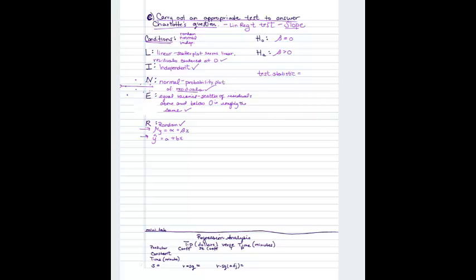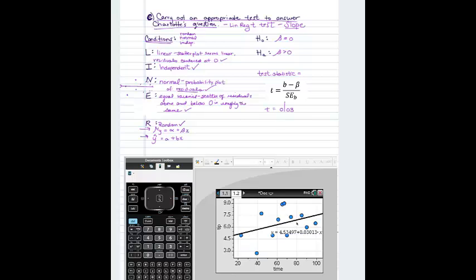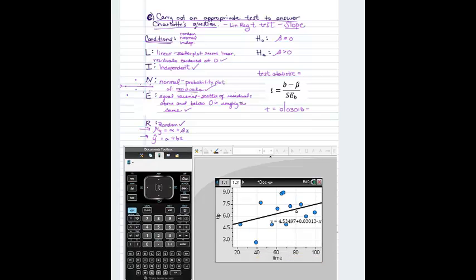Your test statistic, I bet you probably could come up with this by using this data, but I'm going to put it down for you. b was 0.03. So this b is actually that 0.03013. We're testing to see if the null hypothesis is true, where beta equals 0.